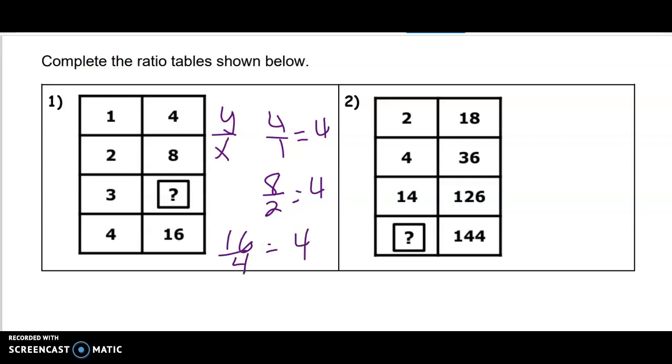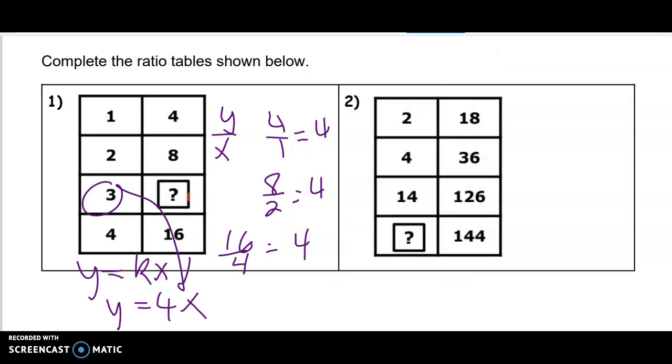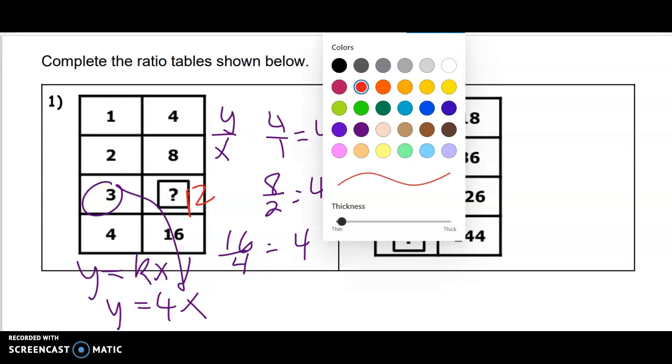So my k, y equals kx, that says y equals 4x. So when I input 3, I get 12. So that is proportional, and that is finding a missing value.